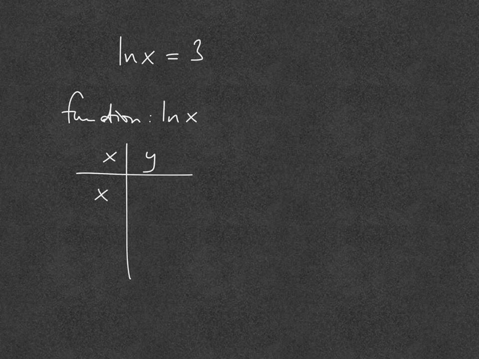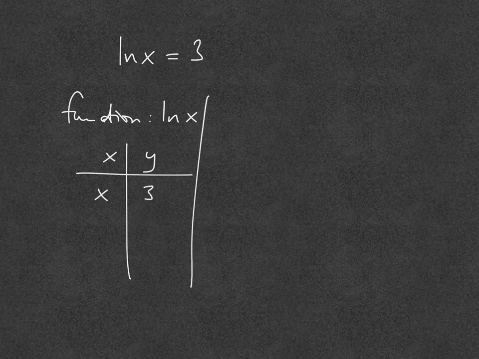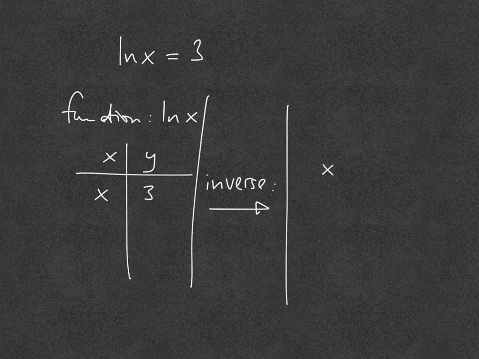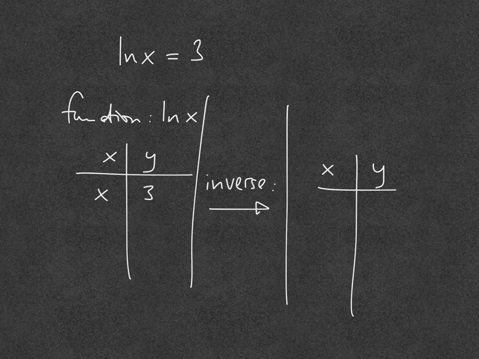So whenever x is x, y is 3, so that's the function value of ln x. We could invert this function, which would give us, we would just invert the values, so whenever y equals x, x equals 3.